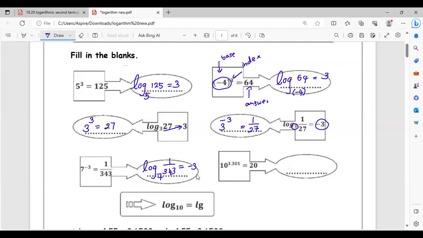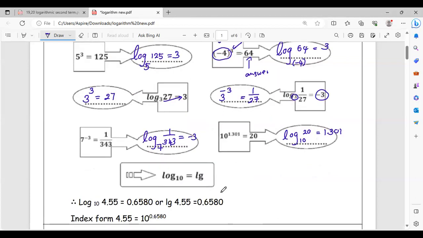Okay. Then here, log form: logarithm of 20 to the base 10 equals 1.301. Okay.